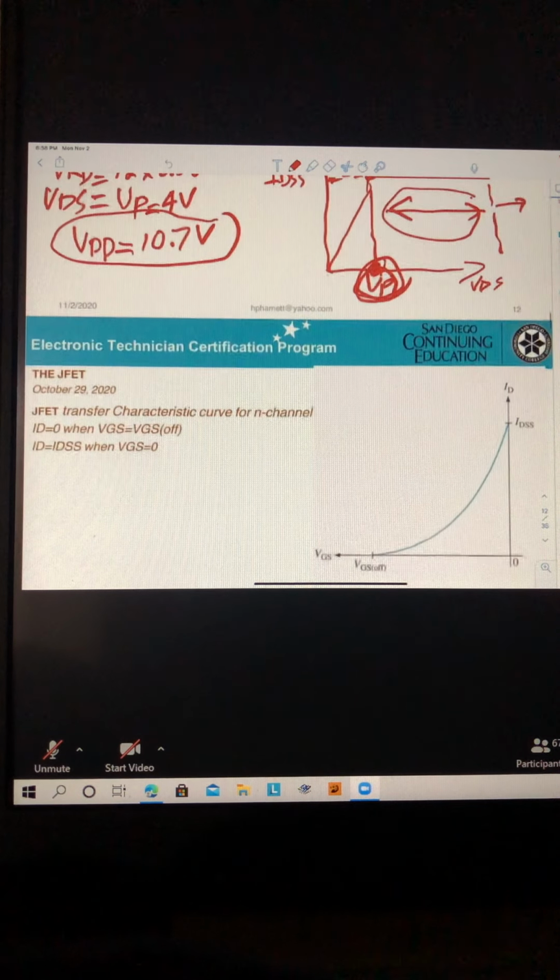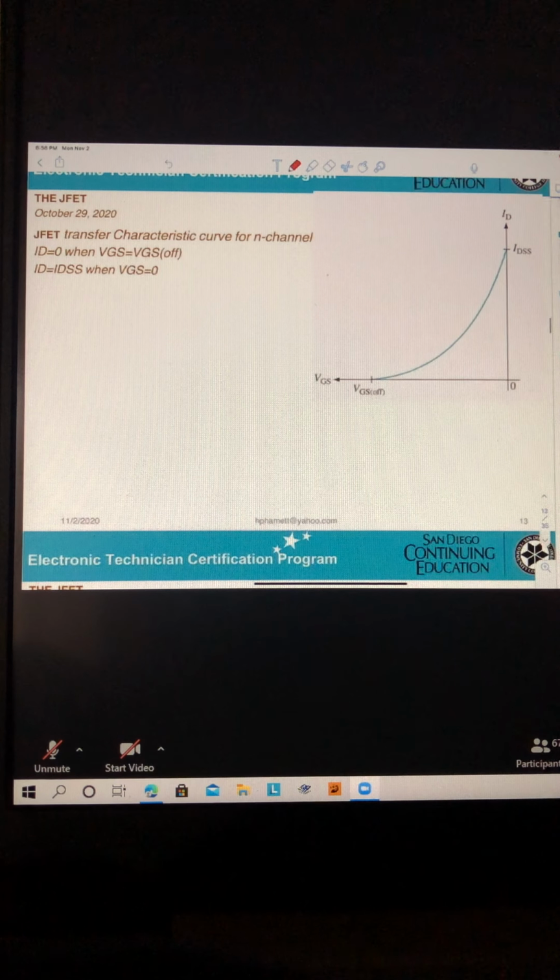Okay, let's see. Next is the transfer characteristic curve for the N channel. Basically this stands for ID, and this stands for VGS. Now at this point here, what does ID equal? 0. Okay, ID equals 0 and VGS will be VGS off.